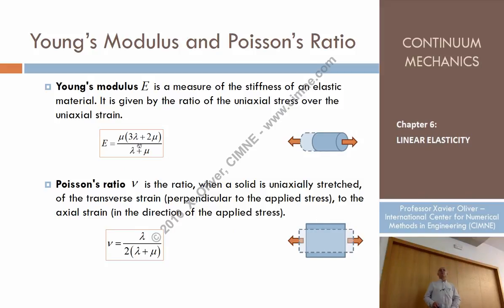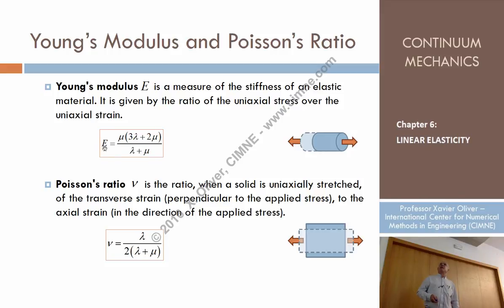What is the Young modulus? Well, the Young modulus, which is related to the Lamé coefficients in that way, is in some way a measure of the capacity of the point or the material to produce deformations when it is subjected to stresses in a given direction.